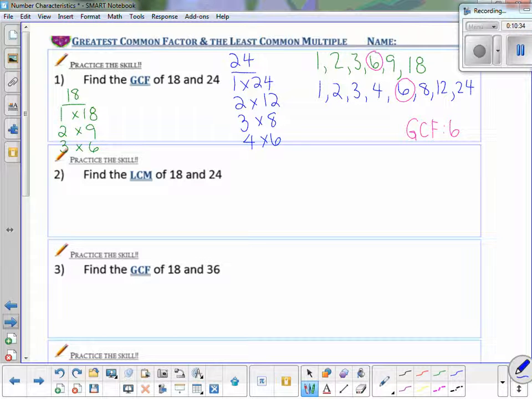All right, guys, let's do 18 and 24. So the first thing we're going to do is find the multiples of this number. So let's do 18 times 1. What's 18 times 1? 18.